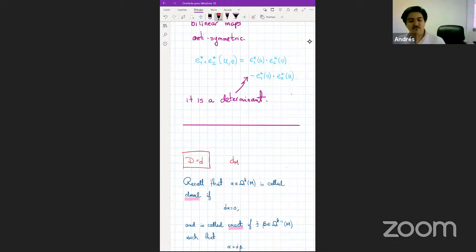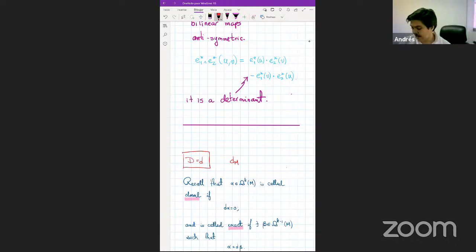This would be a more correct notation, but we simplify notation, we don't put the dependence on the manifold, and we just write d. Okay, so that's what we have. And now I'm going to review something that we also saw last time, but only on Euclidean space. Now this is on any manifold.